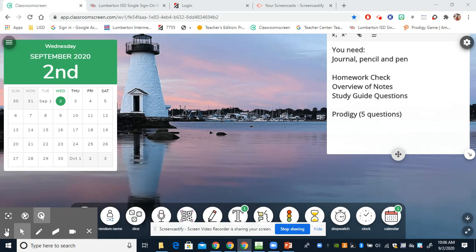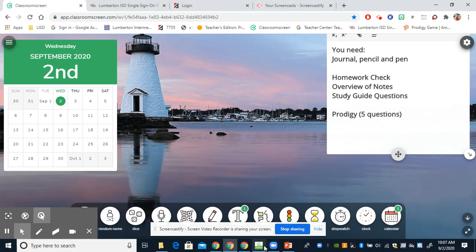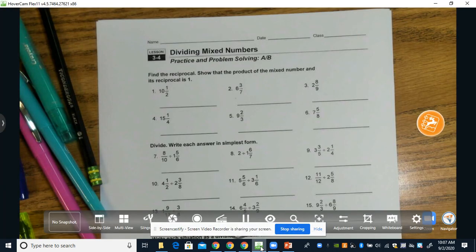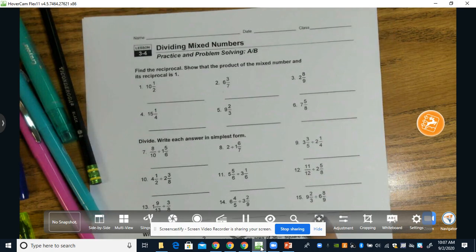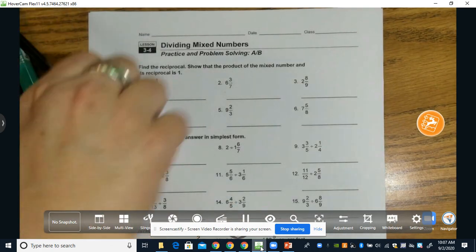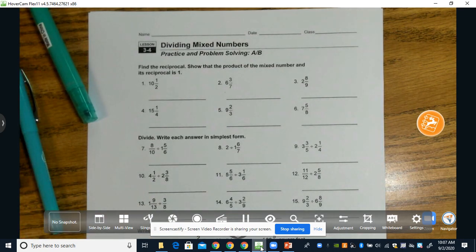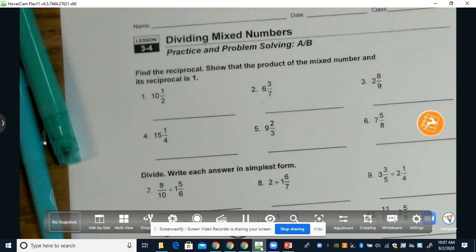Okay, so let's go ahead and get our homework out. You had 3.4, just the top part, evens only. Evens only, I told you, don't worry about the bottom word problems. We're going to do those together. So we're going to start with number 2. And you're finding the reciprocal.